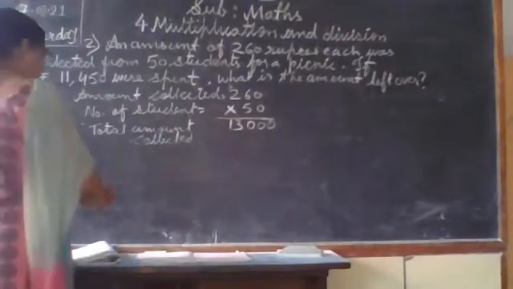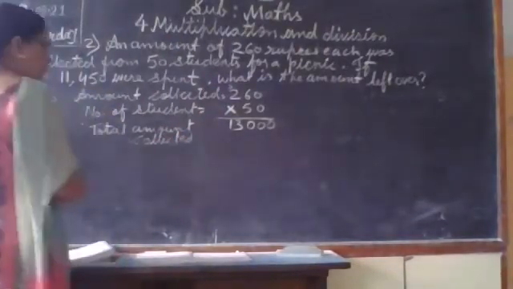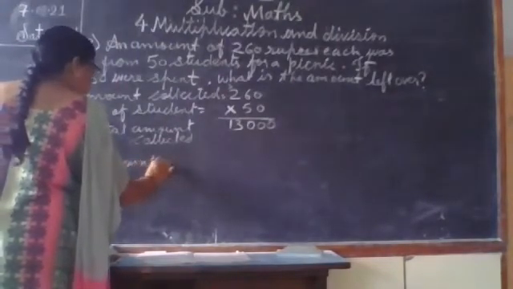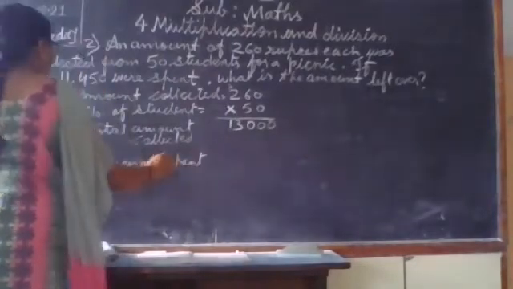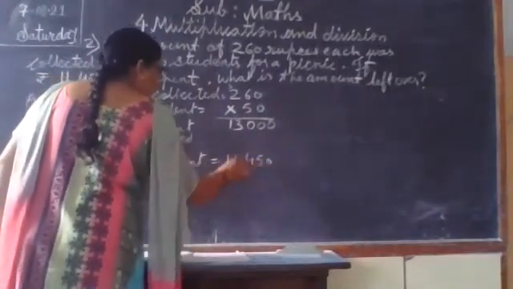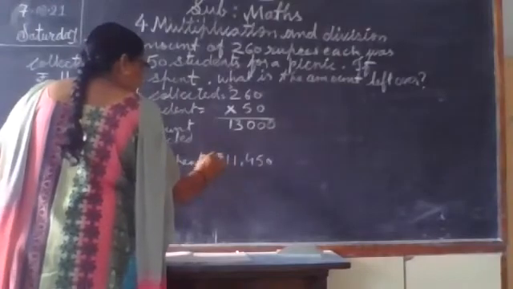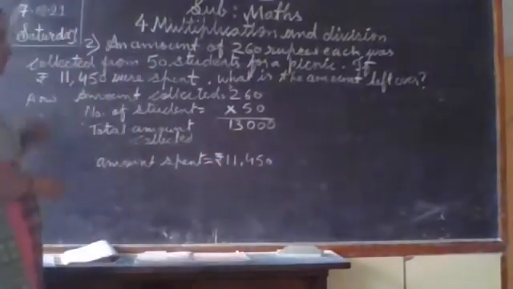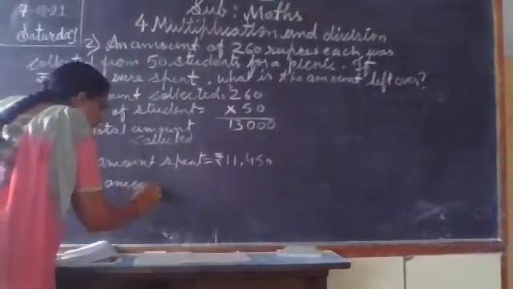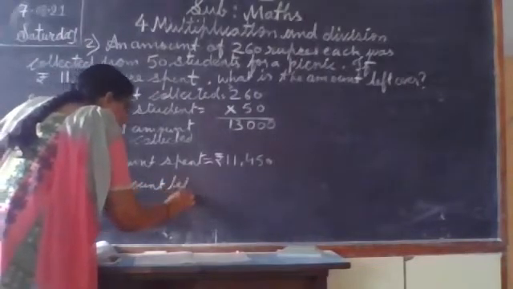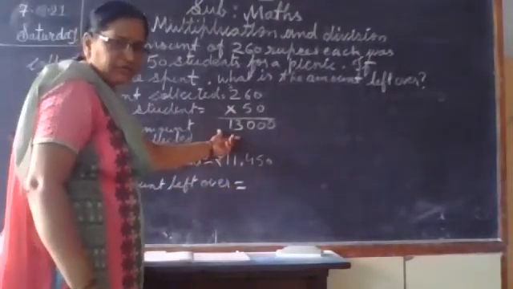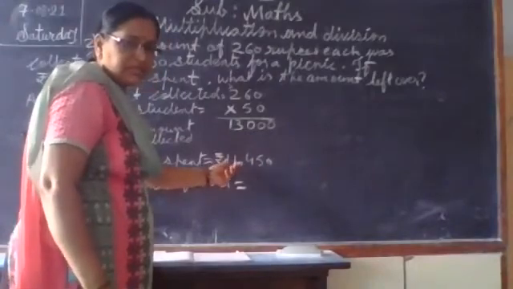Now this is the total amount. The amount spent is 11,450 rupees. So the amount left over equals the total amount collected from the 50 students minus the amount spent.